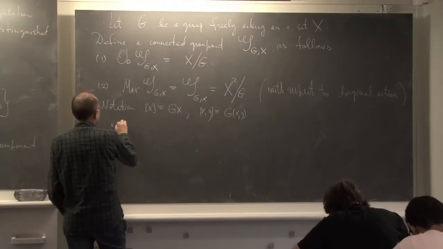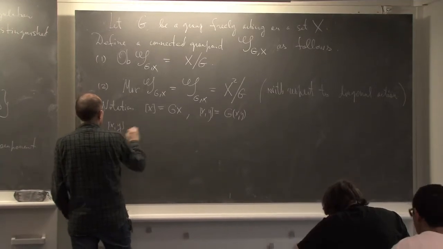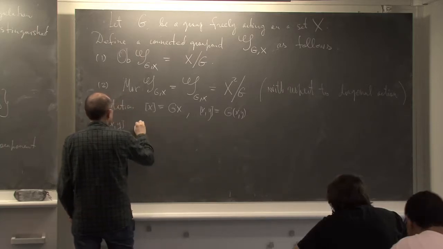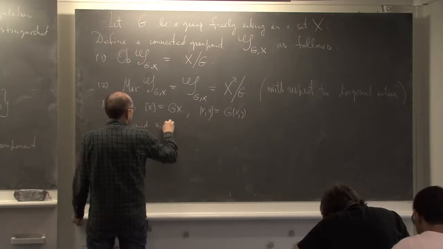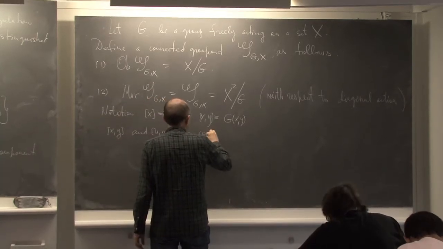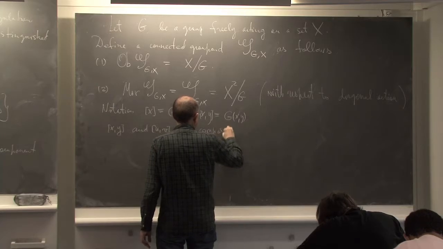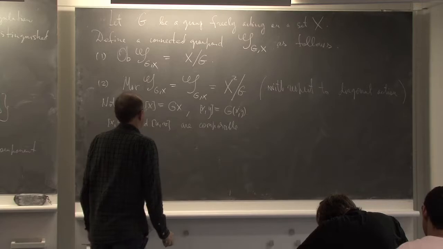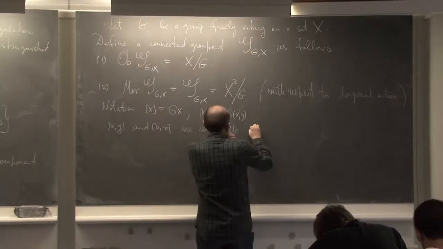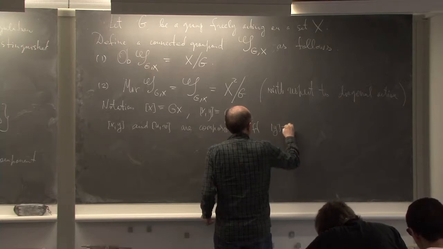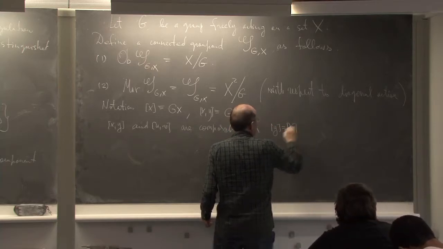And we say that [x, y] and [u, v] are composable if and only if the orbit of y is equal to the orbit of u.